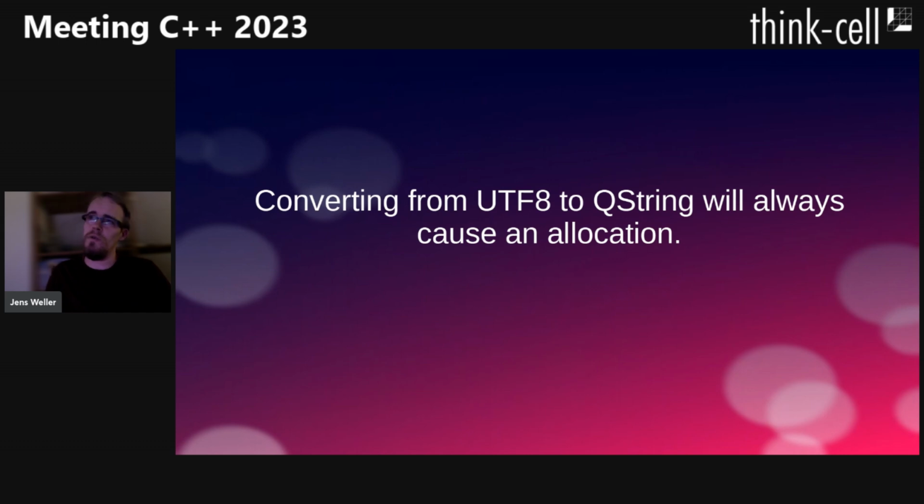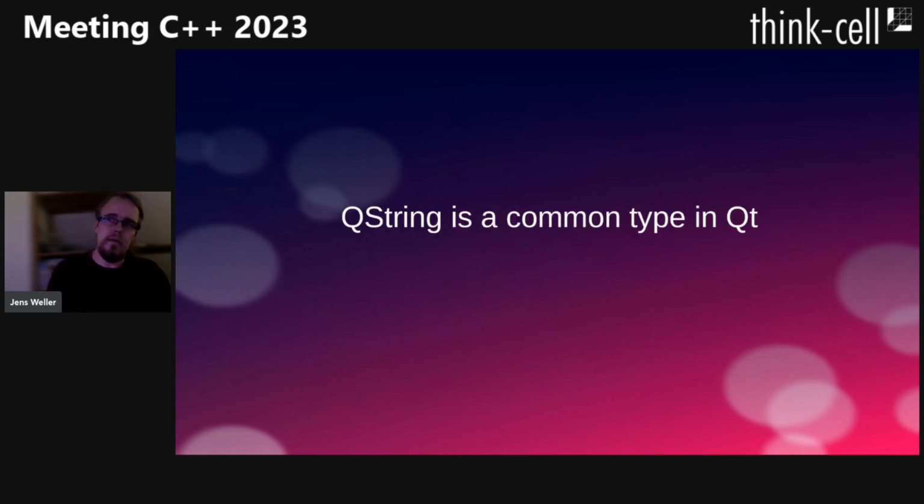And yeah, converting from UTF-8 to QString will always cause an allocation, and there's no way to reuse the buffer and no way to have fewer allocations. It's kind of sad, but that's the way it is. And when we work with QString in Qt, we do it because QString is everywhere, and it's a common type in Qt.